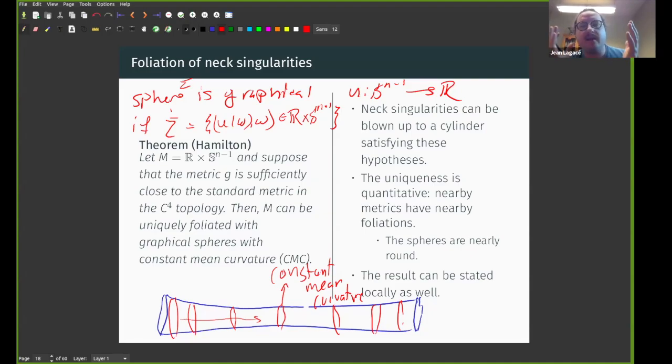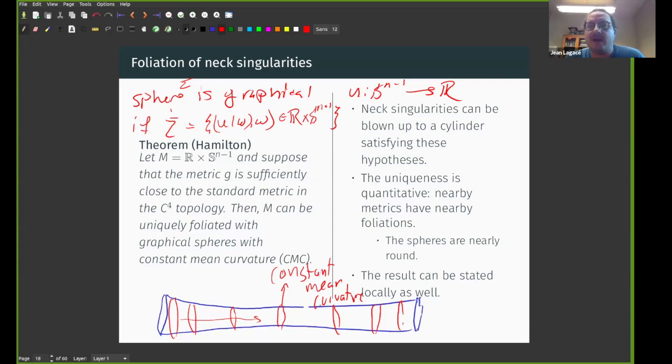Okay, and when you state this result just like that, it doesn't look very surprising. If the metric is the standard metric, then you do have such a foliation by round spheres, which are not only constant mean curvature, they're actually minimal, meaning that their mean curvature is 0.